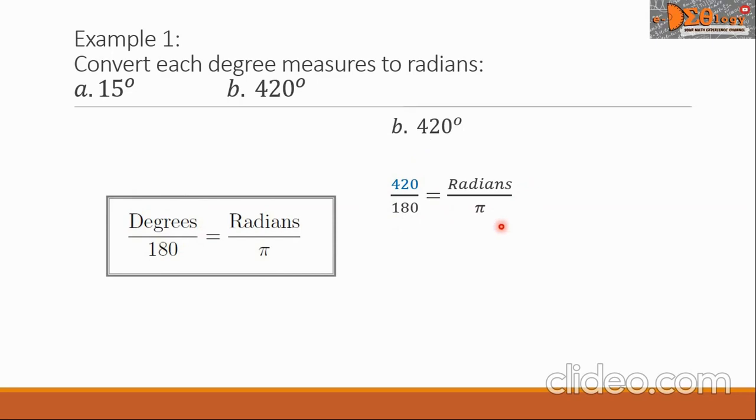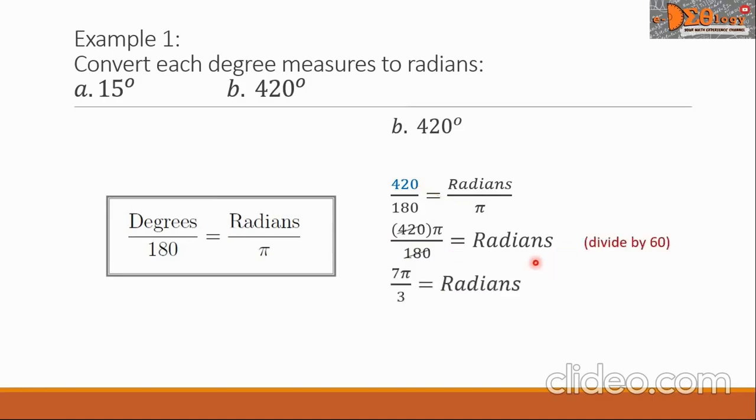Simplifying further, we're going to cross multiply this pi to the left side, so the pi will be multiplied to the 420. We have now 420 times pi over 180 equals the radians, which will be alone on the right side.